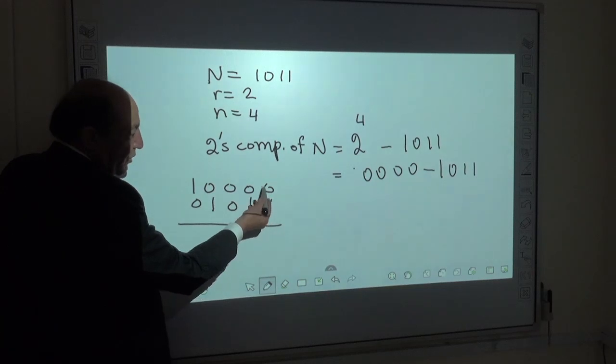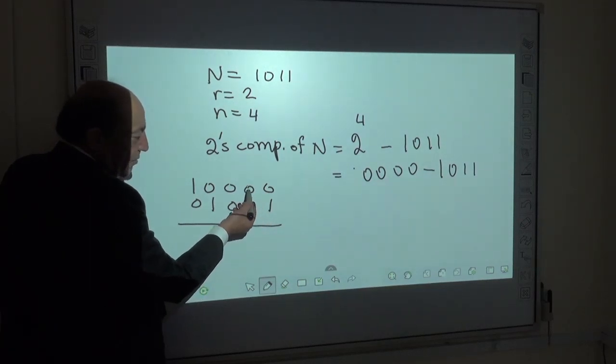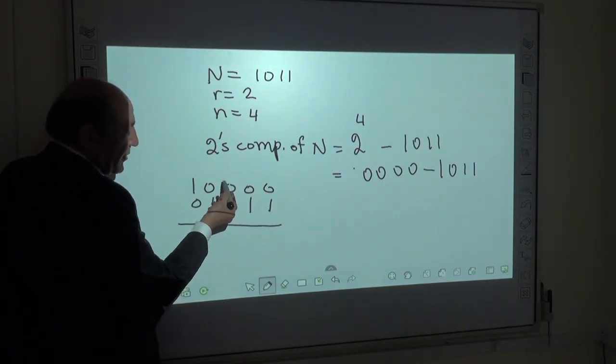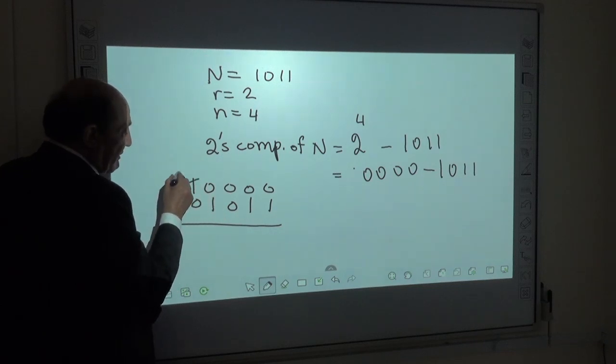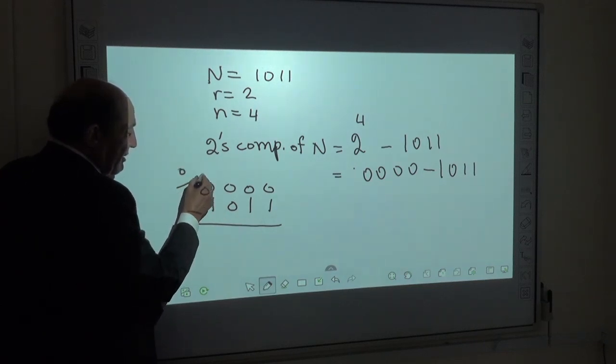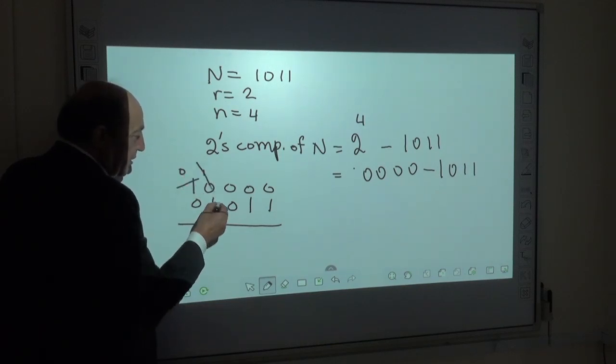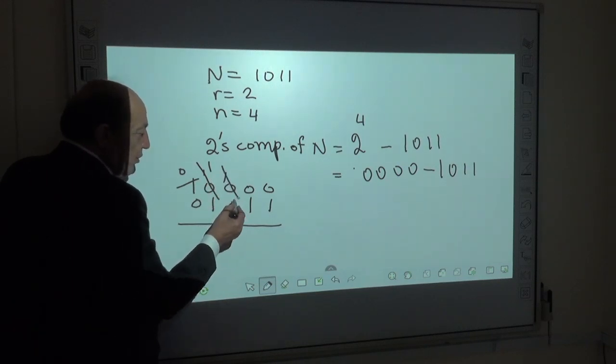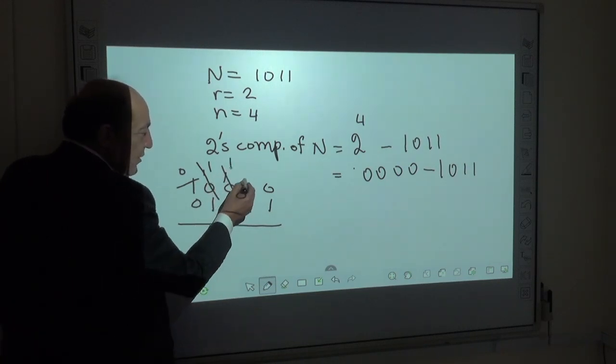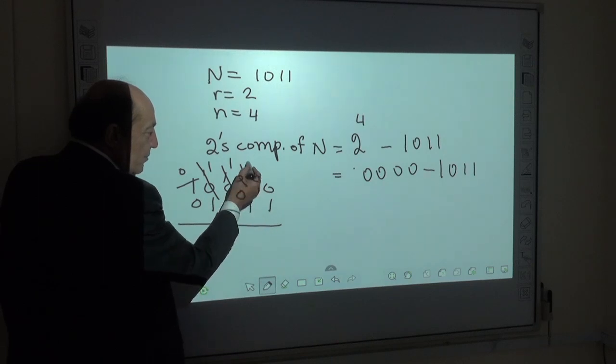1 minus 0, we need to borrow. Here becomes 0. And this becomes 1 0, 2. If we borrow, it becomes 1. Again here 1 0. We borrow 1, it becomes 1. 1 0. If we borrow 1, it becomes 1.